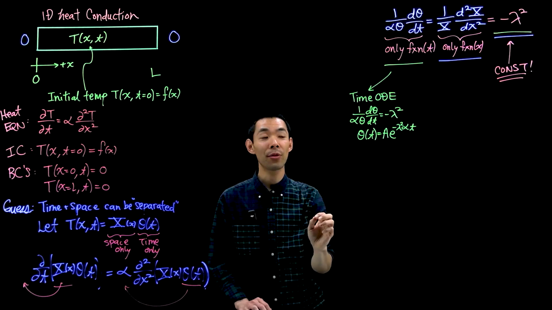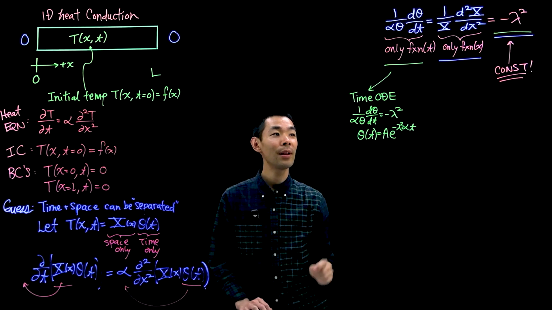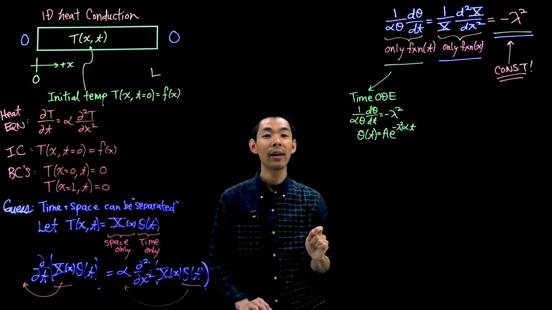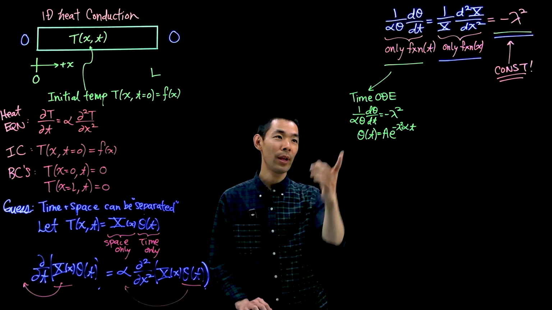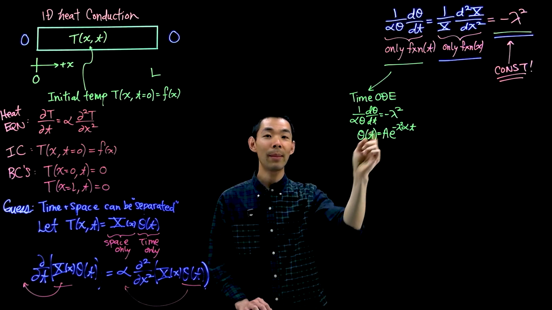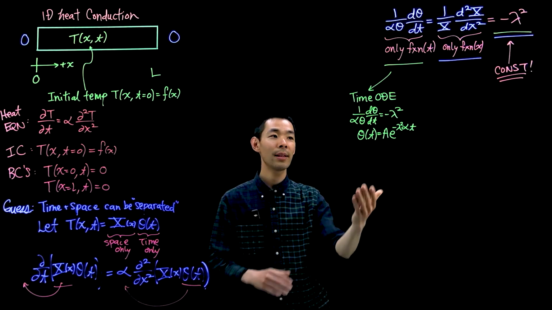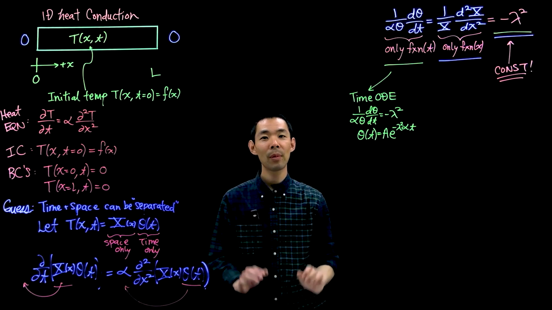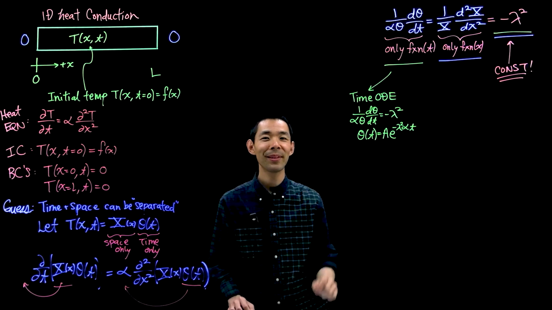It's just an exponential, some constant of integration A times e to the negative lambda squared alpha times time t. Just go through it. You get a log on the left-hand side, you get a negative alpha lambda squared t plus some constant. You take the exponential on both sides, and then out comes the solution. Pretty easy stuff. You're an expert at solving these now, so I've skipped a couple of steps.